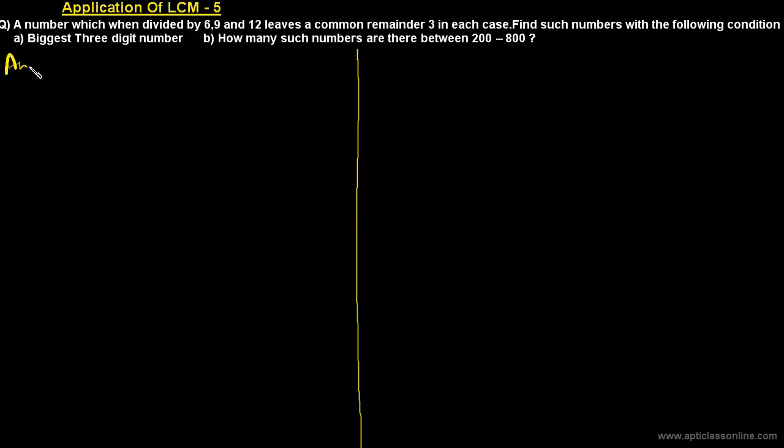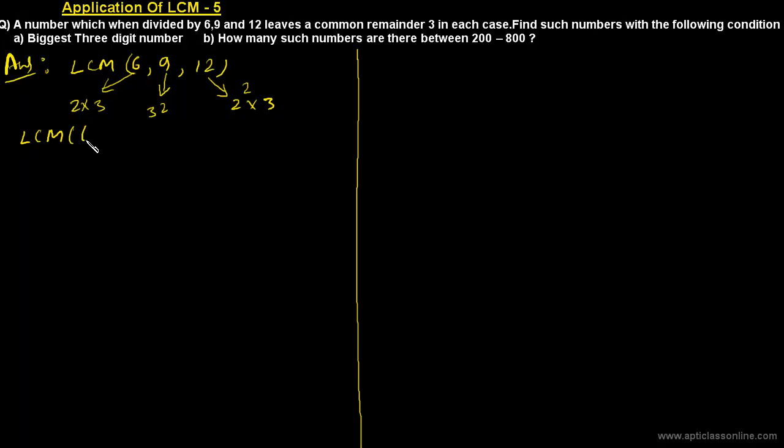So we have learned in the previous class that if we take the LCM of 6, 9, and 12, by finding out the LCM, we have to first express 6, 9, and 12 by way of prime factorization, like 6 as 2 into 3, 9 as 3 square, and 12 as 2 square into 3.